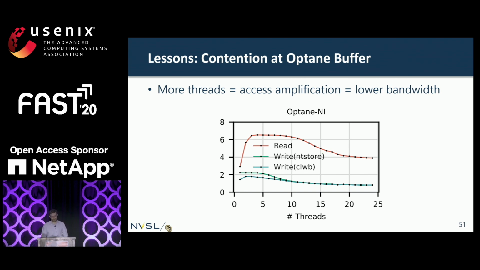As we introduce threads, for reads, we spike up to where we're maximizing our bandwidth out of the device, and gradually as we add more threads, we thrash this cache and lose the ability to merge adjacent accesses. A similar phenomenon happens with writes, both non-temporal stores and CLWBs.